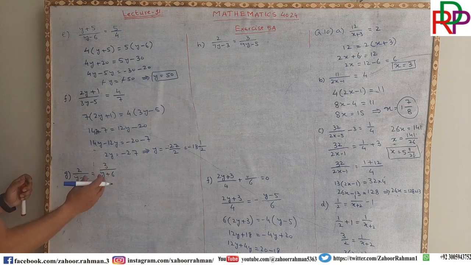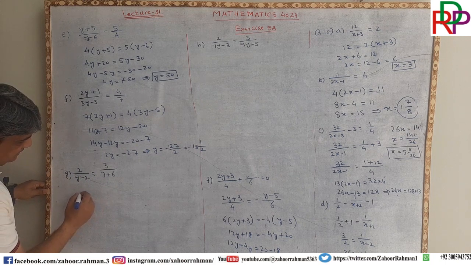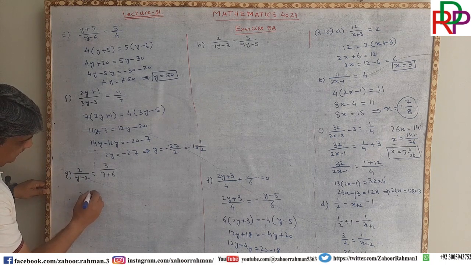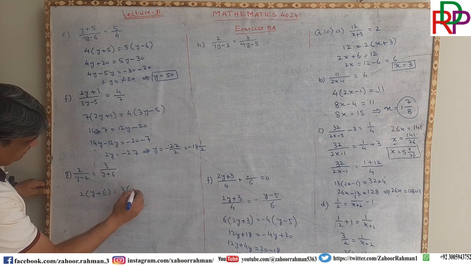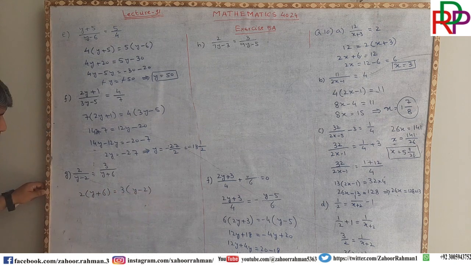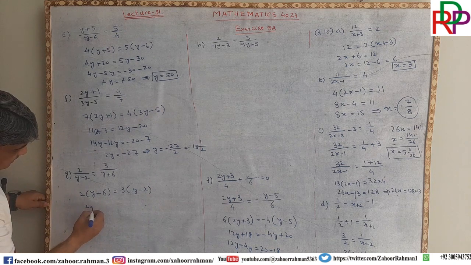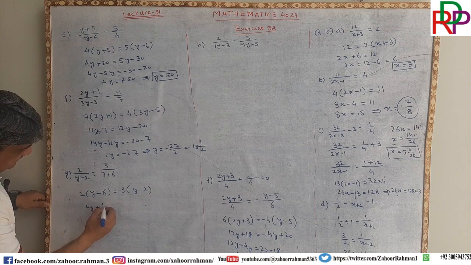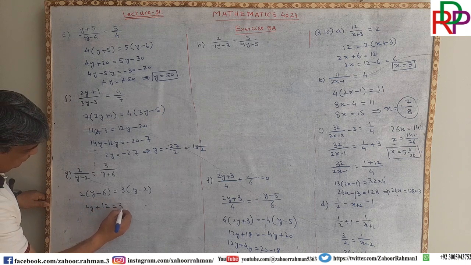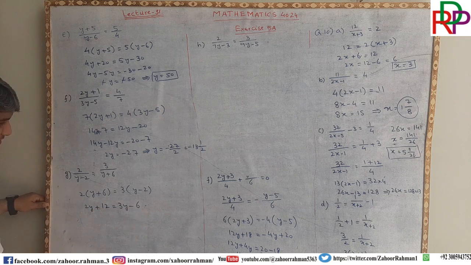Here again the denominator is containing the variable, so cross multiplication. 2 into y plus 6 is equal to 3 into y minus 2. Here I am writing 2y plus 12 is equal to 3y minus 6.